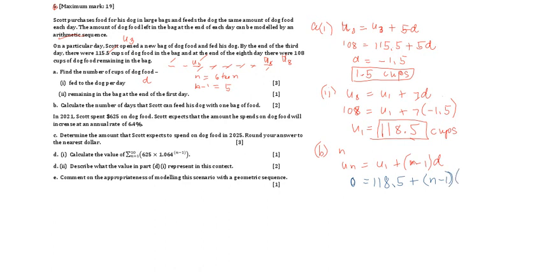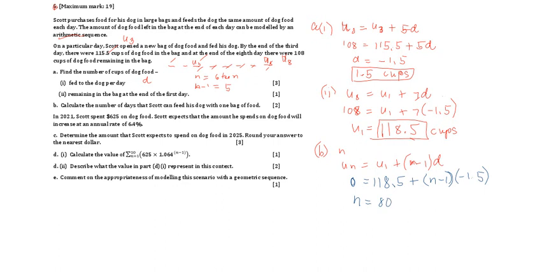Our d is negative 1.5. You can use numerical solve here. I'll just write what n equals to because I'm having trouble writing using my stylus. So n equals 80. So 80 days.